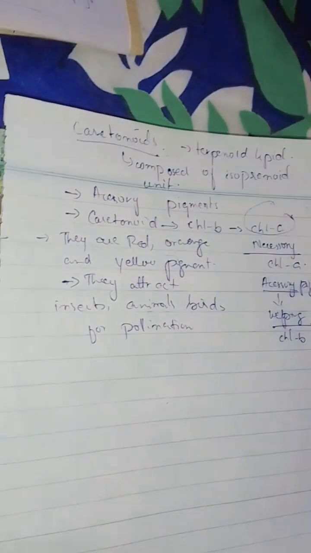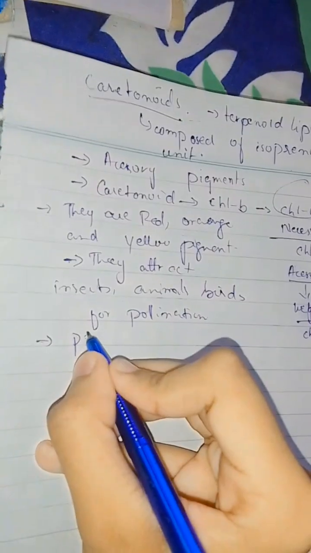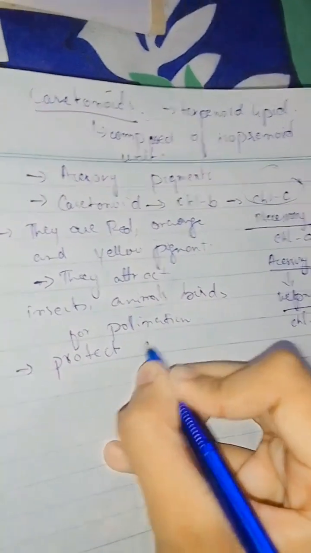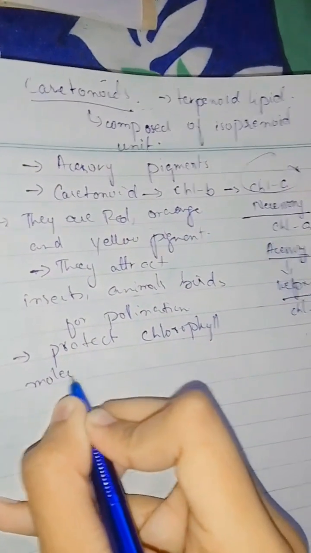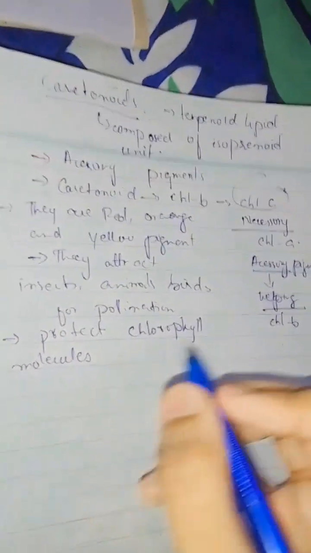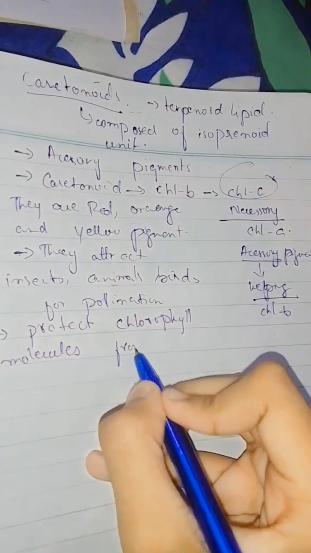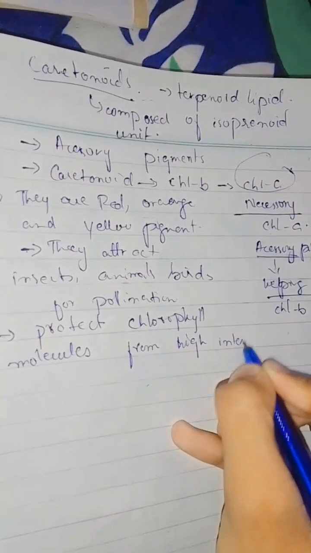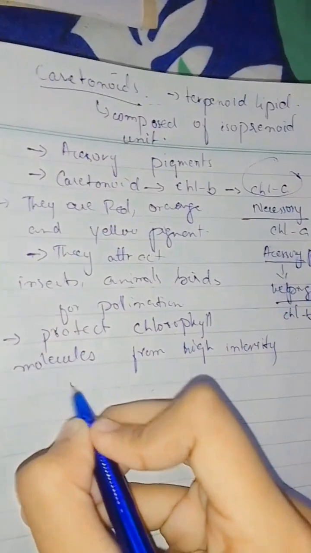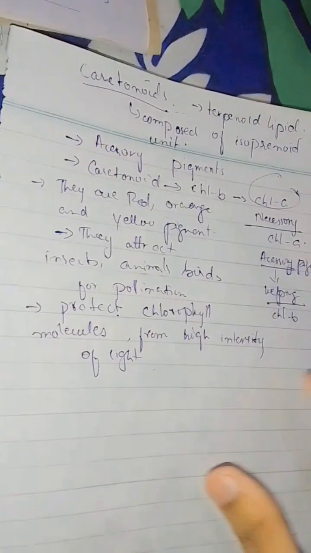The carotenoids attract insects, birds and animals for pollination, and they also protect the chlorophyll molecules from the high intensity of the light.